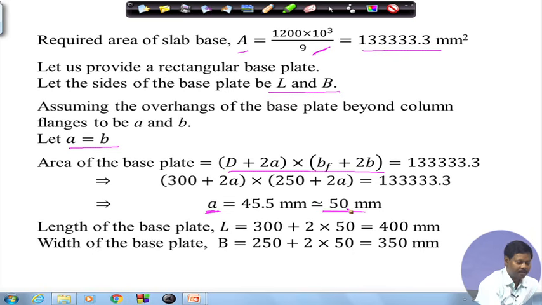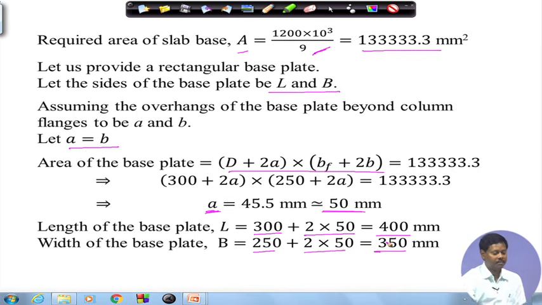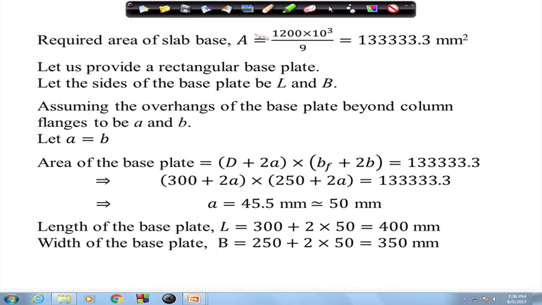So, length of base plate will become finally D plus 2A and width will be BA plus 2B. So, 400 by 350 length and width of the base plate has been provided.